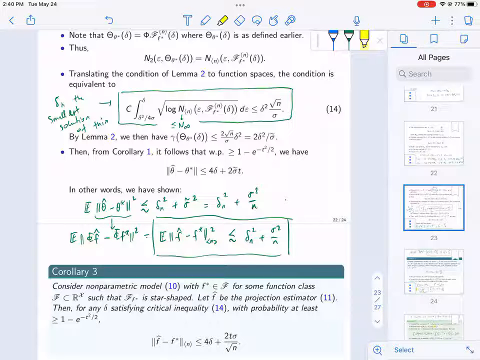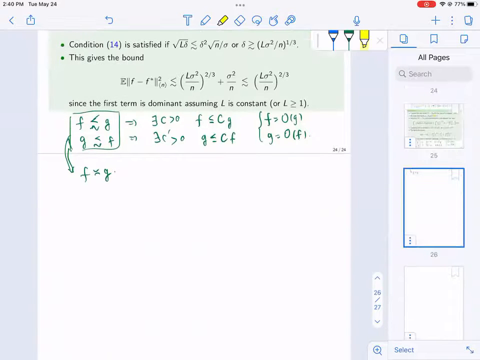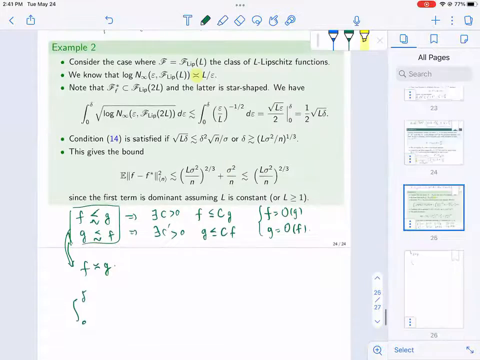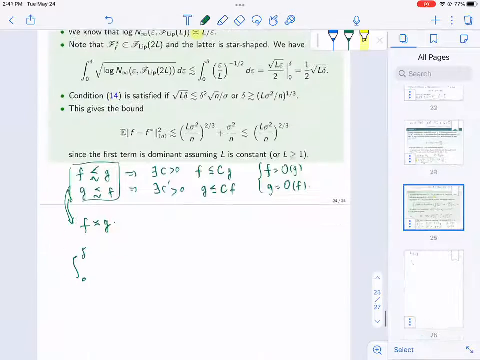Also drop this delta. So what I'm going to control is basically the integral from 0 to delta of root log N infinity epsilon f star, dropping the delta, so it gets bigger, d epsilon.